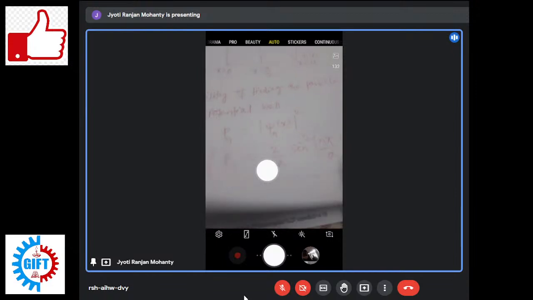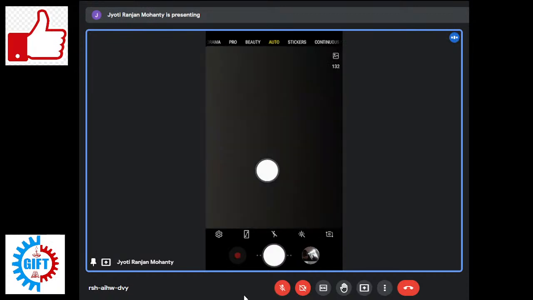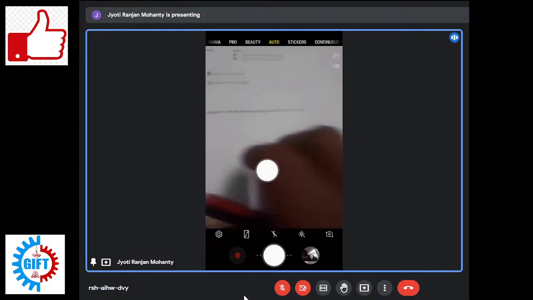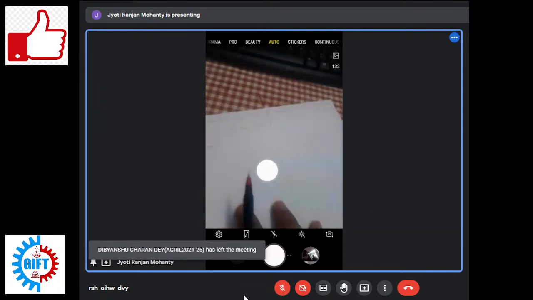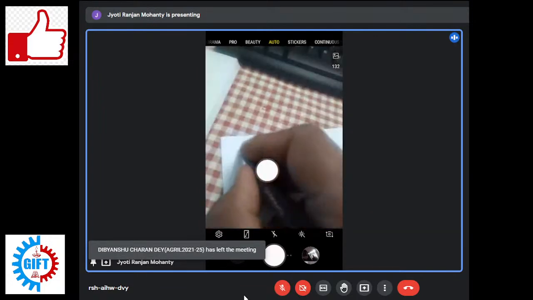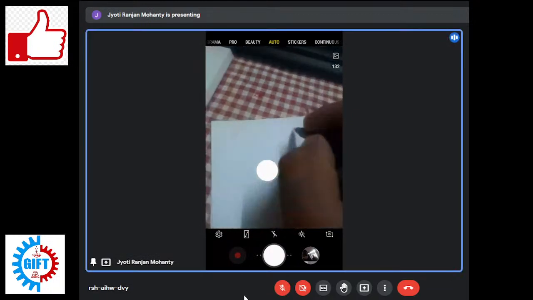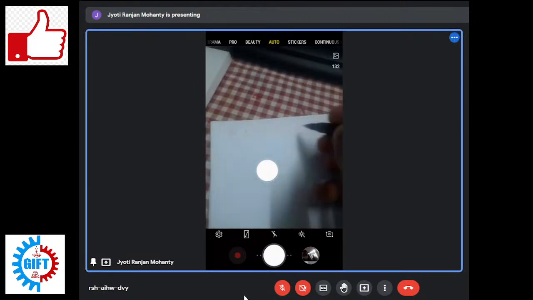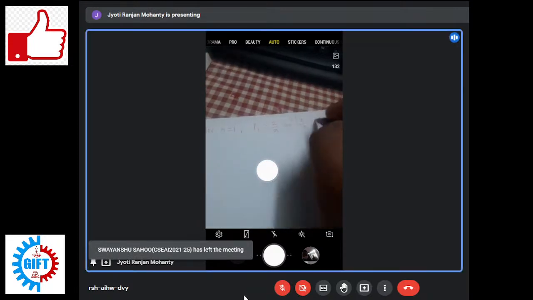Now you can find the different probabilities. For n is equal to 1, P1 is equal to 2 by A sin square pi by A into x.